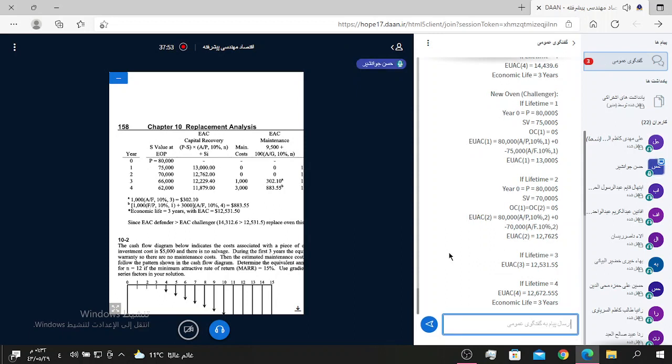And for the Challenger, we find UAC3. We find the economic lifetime for Defender and Challenger.